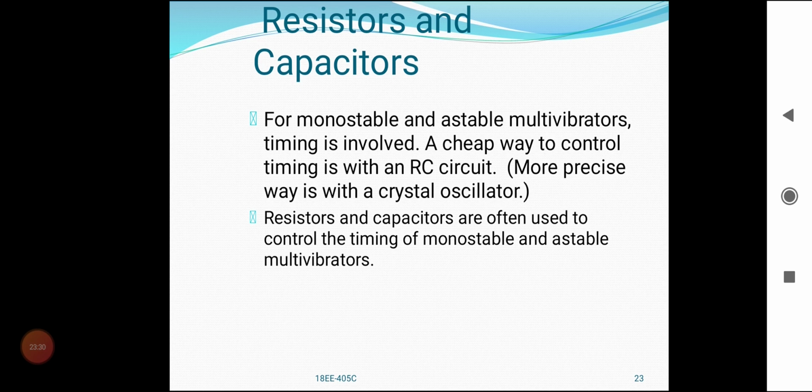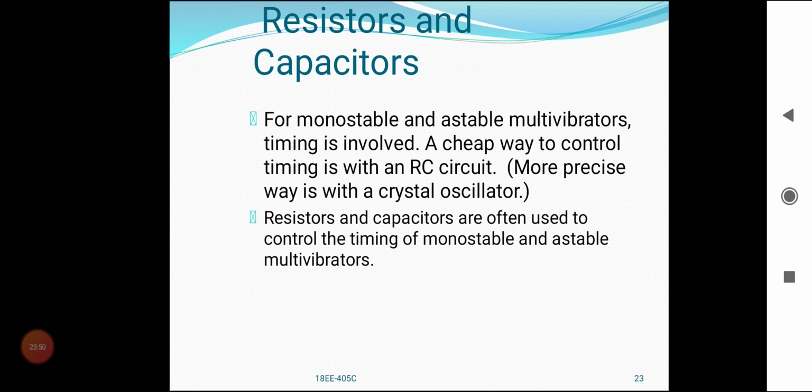Resistors and capacitors. For monostable and astable multivibrators, timing is involved. A chief way to control timing is with an RC circuit. A more precise way is with a crystal oscillator.